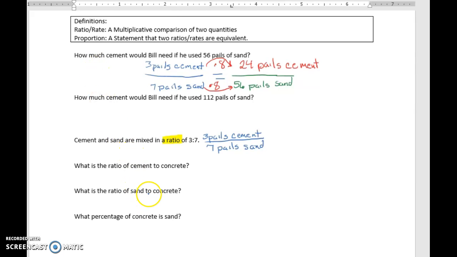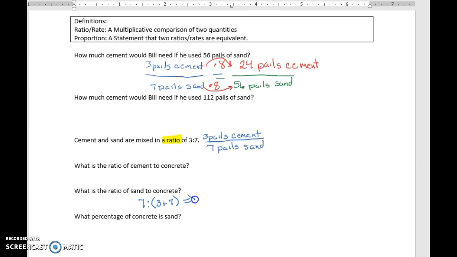In terms of what we want to look at here is what is the ratio of sand to concrete. So now concrete, if you recall, is the entire mixture. So our sand amount is 7, but our concrete is the makeup of the 3 pails of cement and the 7 pails of sand.